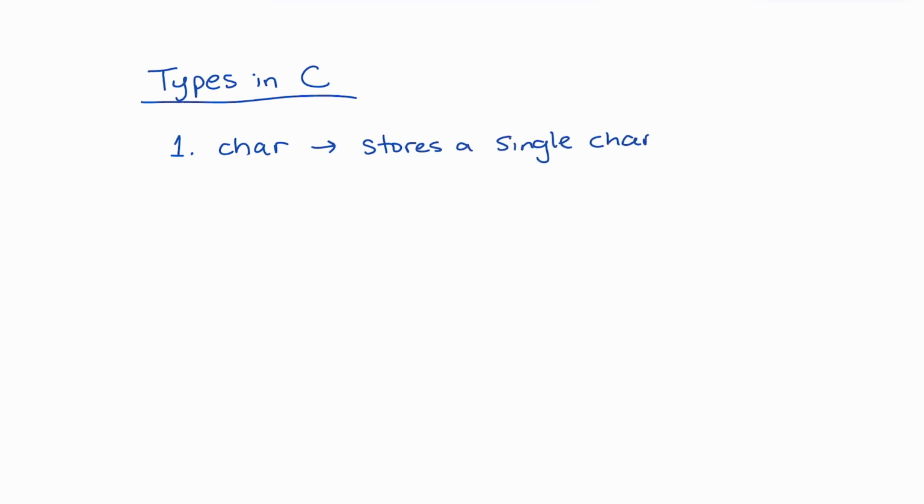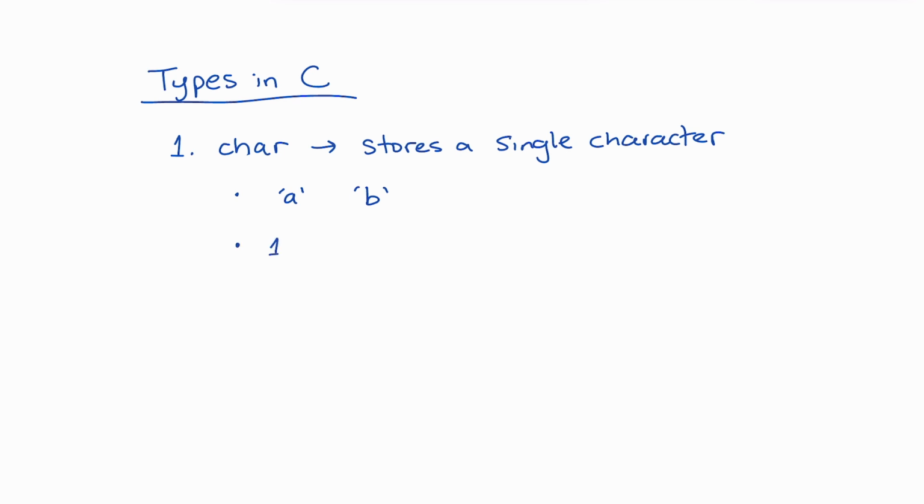Now let's talk about types in C. There are 4 of them. First, we have char. This stores a single character. For example, A or B or any other character you can think of.